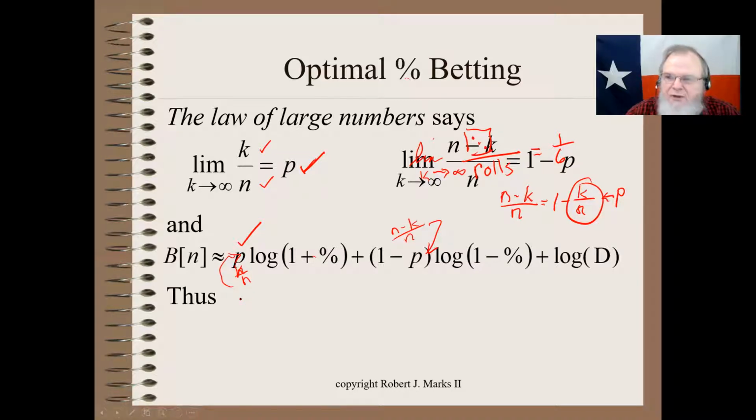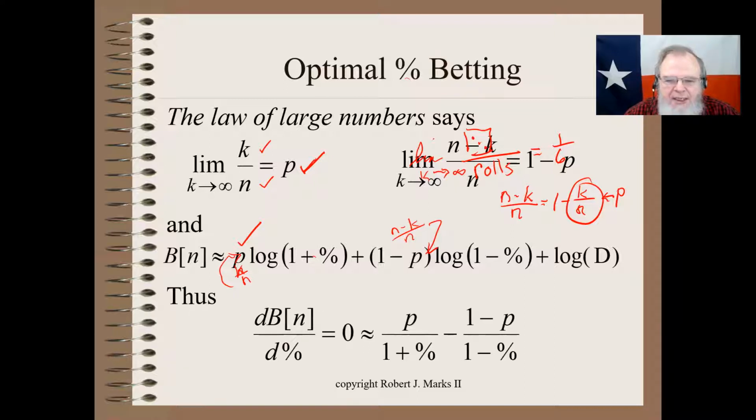So now we get to the freshman calculus. I jumped the gun. Now we take the first derivative and set it equal to 0. This is kind of interesting, because the first thing we notice is this log of d goes away. And this says that the percent that you bet is independent of your initial stash. If you think about it, that makes a lot of sense, doesn't it?